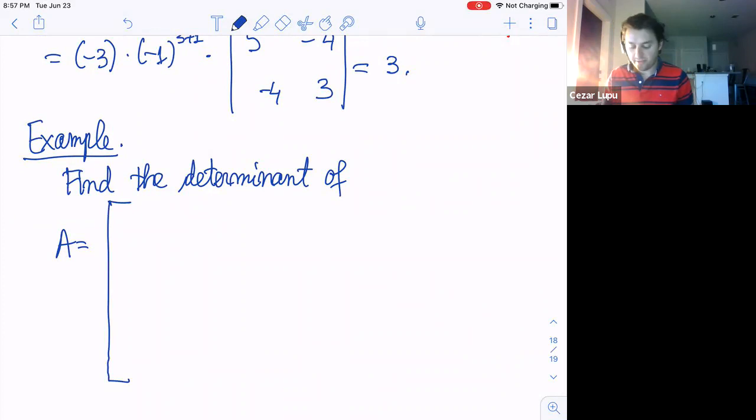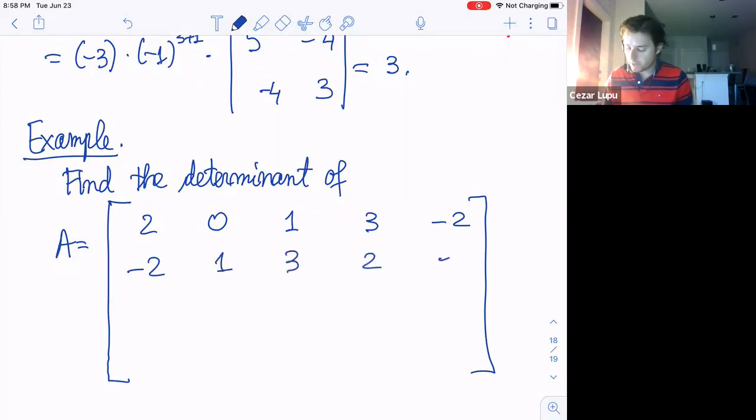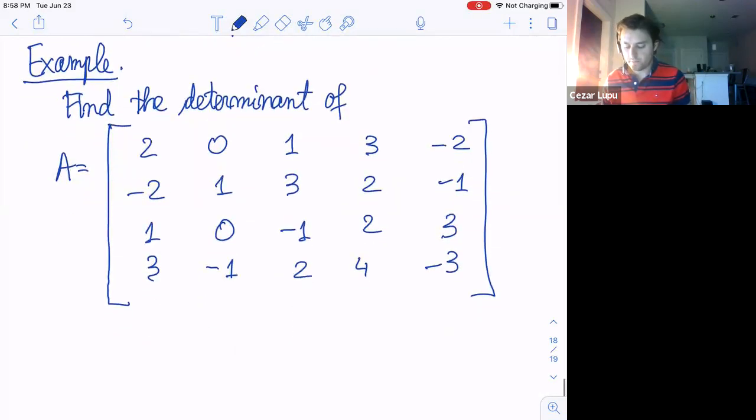So it's a 5 by 5. 2, 0, 1, 3, -2, then -2, 1, 3, 2, -1, then 1, 0, -1, 2, 3, then 3, -1, 2, 4, -3. And now let's see the last row: 1, 1, 3, 2, and 0.